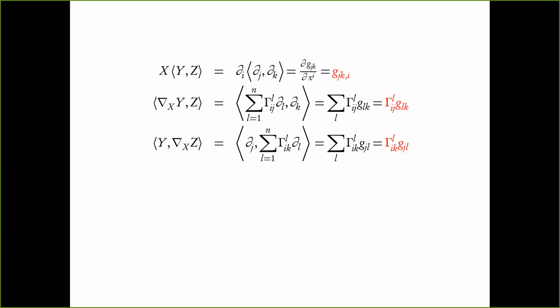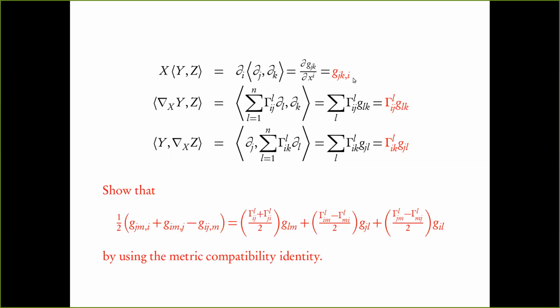So this leads to this exercise: you can show, using the fact that this quantity is the sum of these two, that this equality holds. There is a half in front, and you're summing two things, the ith derivative of gjm and the jth derivative of gim, and subtracting the mth derivative of gij.